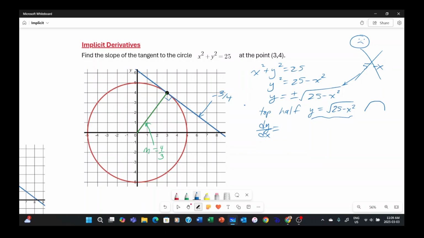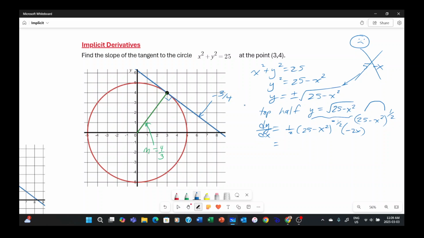So 25 minus x squared, recall, is 25 minus x squared to the half. So the derivative is 1/2, leave the bracket completely untouched, to the negative a half, because you've got to reduce the exponent by 1, times negative 2x.